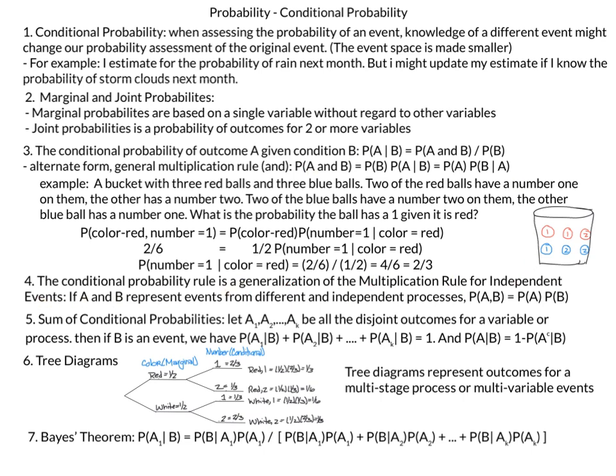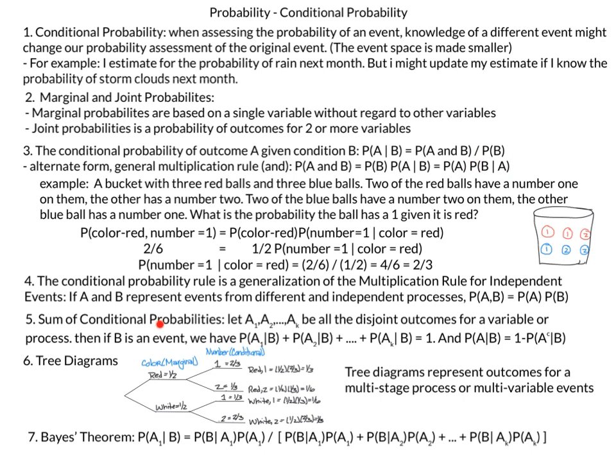So probability of A and B equals probability of A times probability of B given A. And this formula just comes from here. You just multiply both sides by probability of B. This can also be switched around, so instead of probability of B first, you get probability of A, then times probability of B given A.